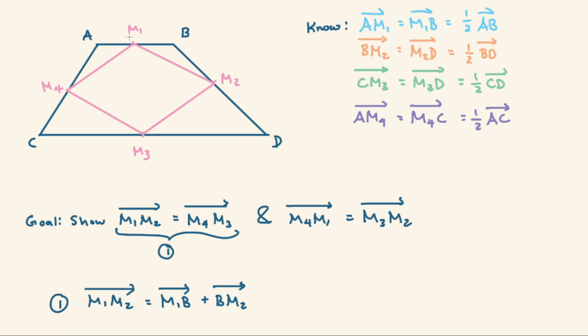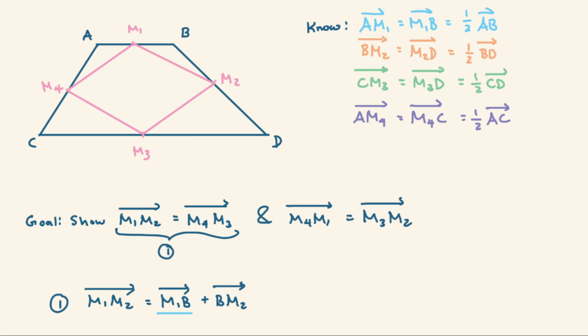Okay, so we've re-expressed this pink edge as the sum of two of these darker blue edges, right? And what do we know about these two edges, this M1B and BM2? Well, looking back at this knowledge bank that we've made ourselves, we know M1B, in blue here, is equal to half of AB.